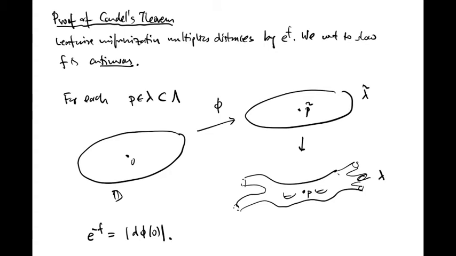Given a point P contained in a leaf, little lambda, we look at the universal cover, lambda twiddle of lambda, and a lift, p twiddle of P, and look at a map phi from the unit disk to lambda twiddle, taking 0 to p twiddle. Then the derivative of phi at 0 has norm equal to e to the minus f.